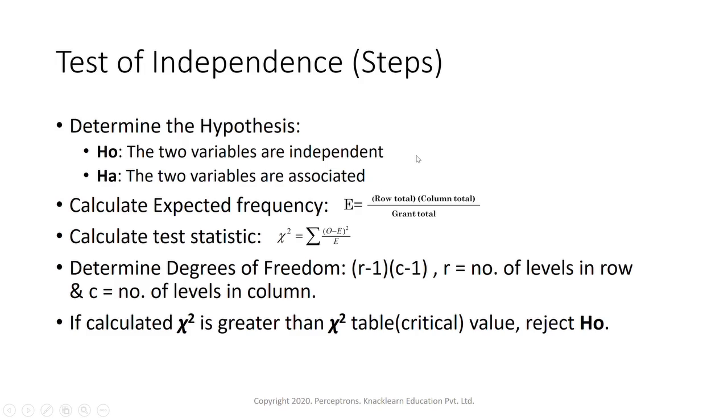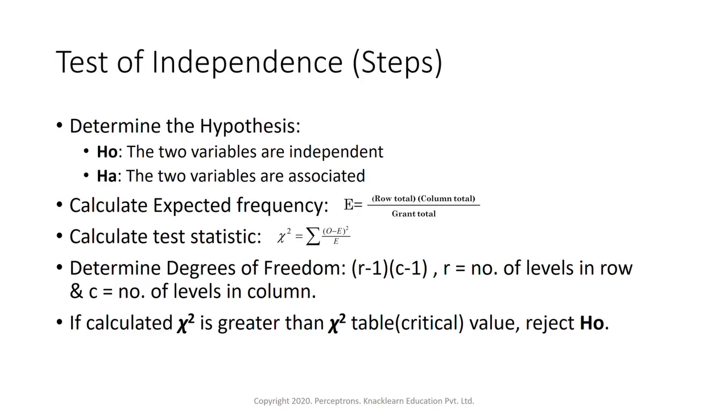After that, the next step is to calculate the expected frequency. We know the observed frequency is the count of the categorical value, and the expected frequency would be E equals row total times column total divided by grand total. So we multiply the row total with the column total and divide by the grand total.